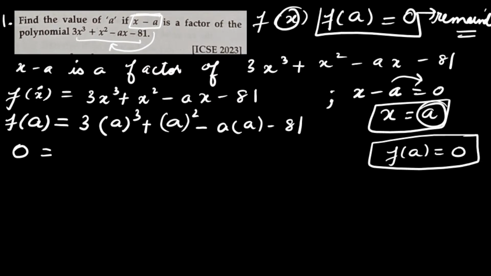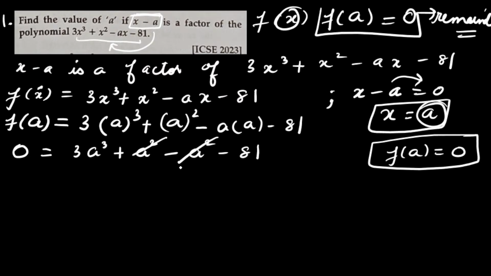We have done this in MCQs also, but now we have to write it in a proper way because these are subjective questions. So 0 is equal to 3a cube plus a square minus a into a, which is a square, minus 81.